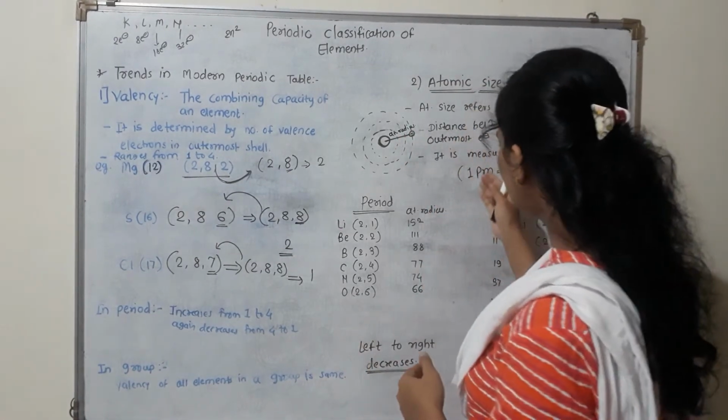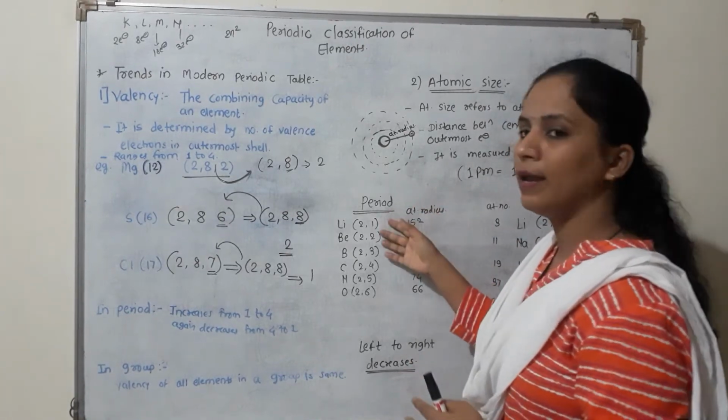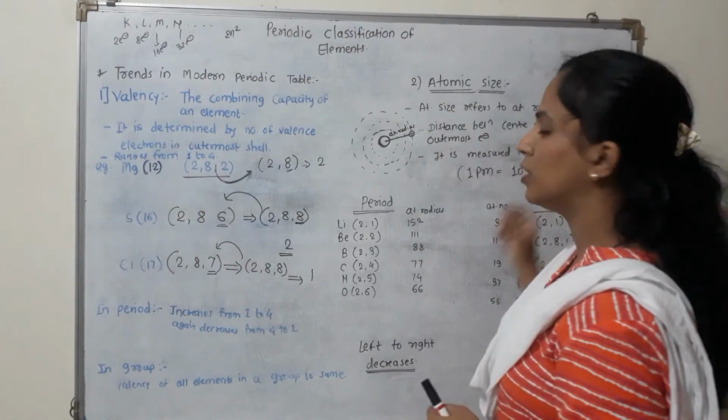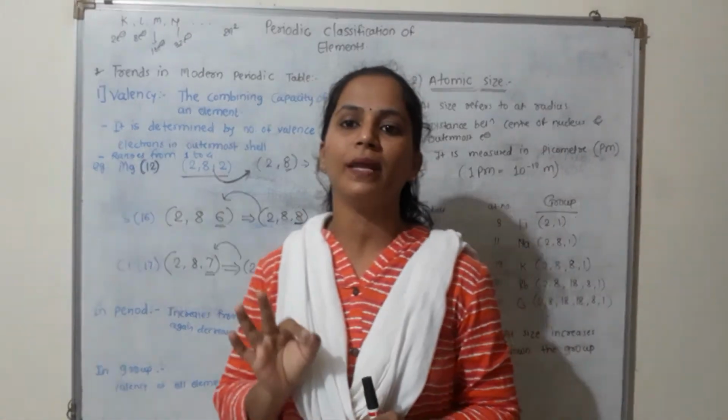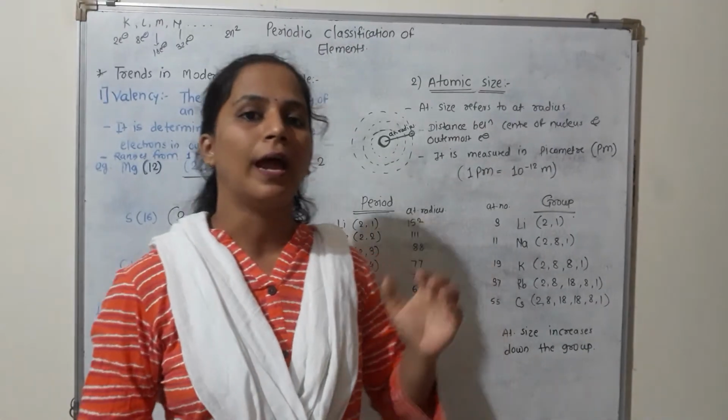Now we are going to study how this atomic radius varies in a period and what happens in groups. Atomic radius is measured in the unit picometer, pm.